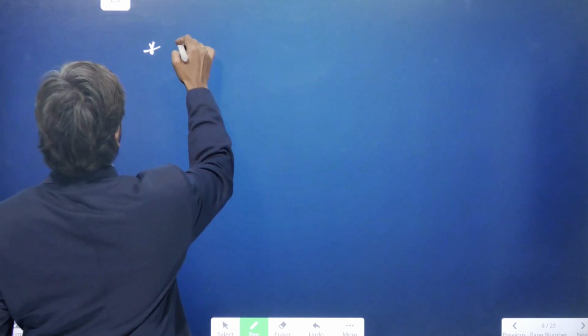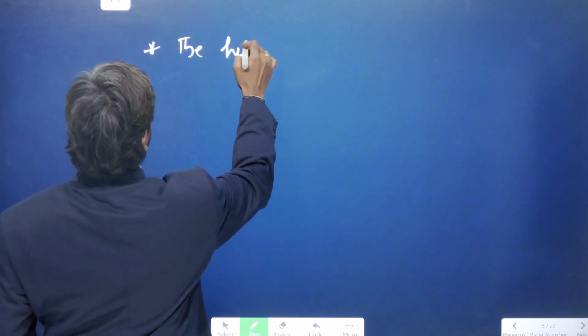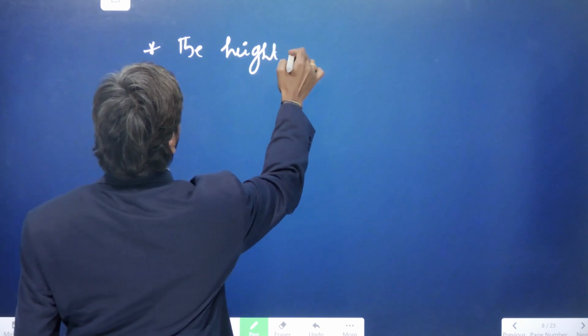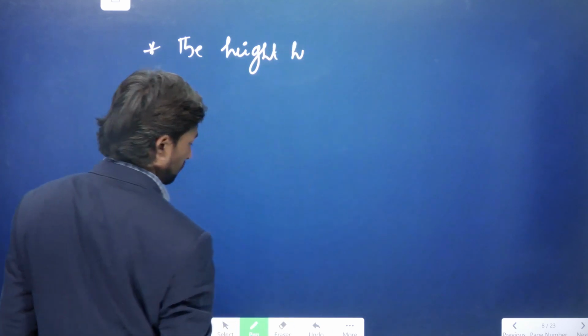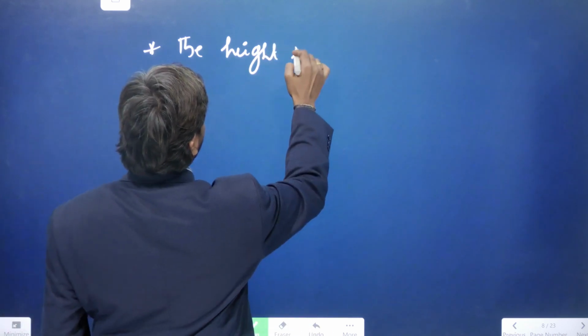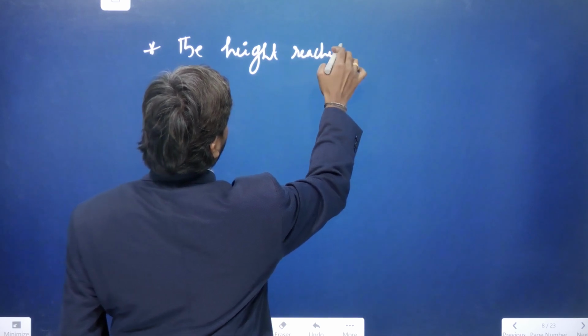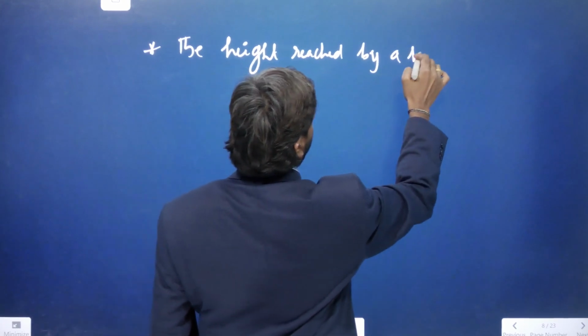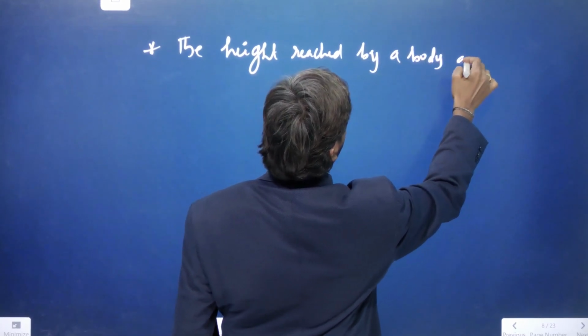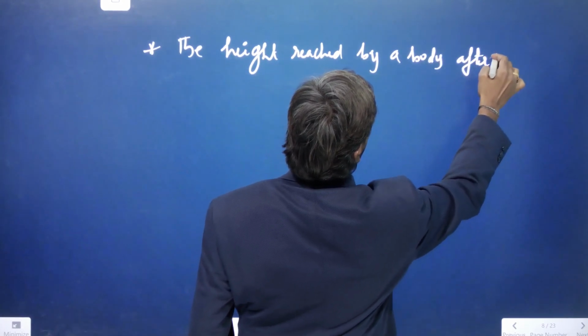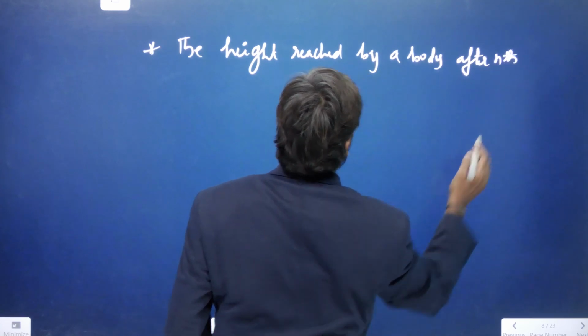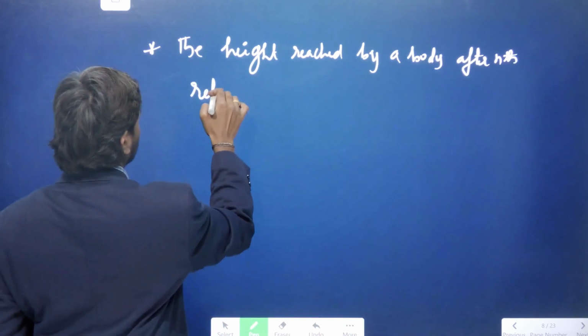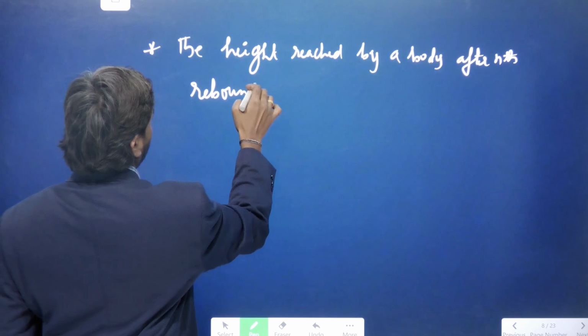The height reached by a body after nth rebound.